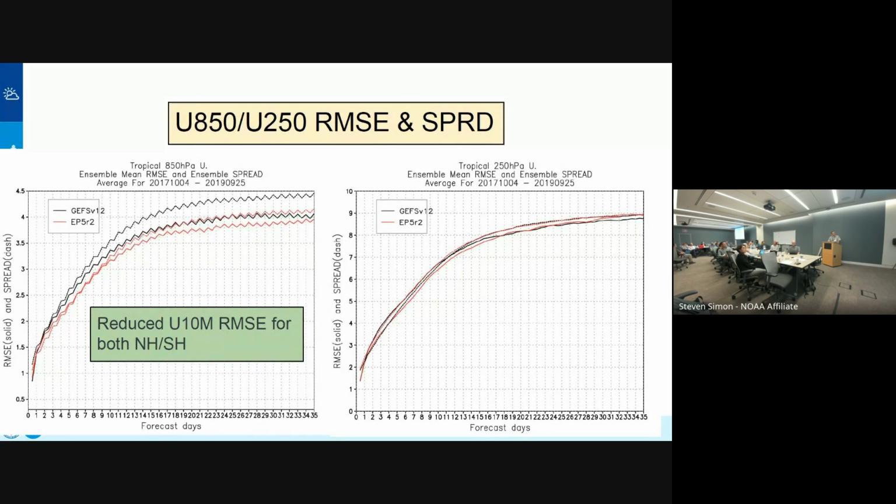This shows zonal wind at lower level and upper level. The current operational GEFS 12 is a little bit over-dispersive for the lower zonal wind.